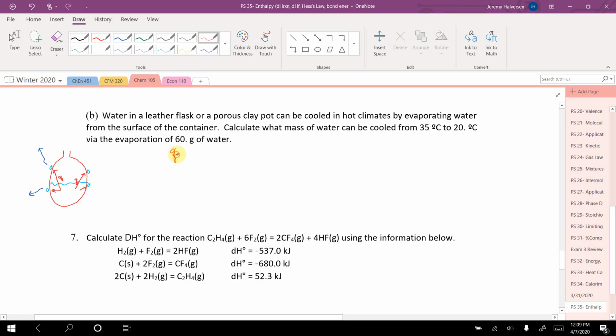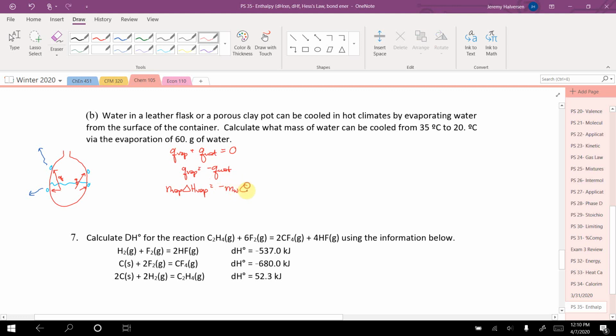So I've got Q of my vaporizing water plus Q of the water on the inside equals 0. What's happening to the water that's vaporizing? It's vaporizing, so I'll have n vap, delta H vap, goes negative. What's happening to the water on the inside? It's getting colder.